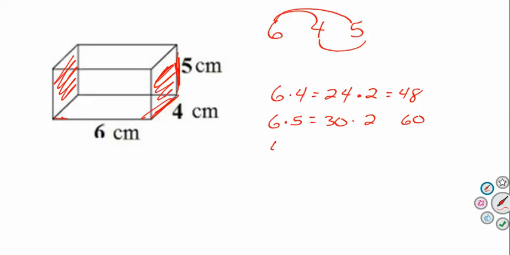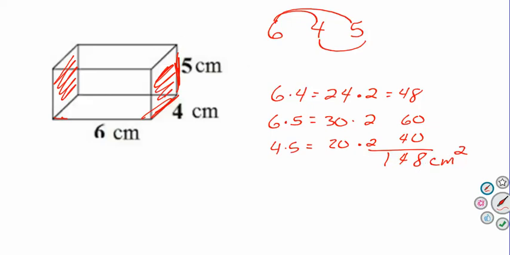So 4 times 5 equals 20 times 2, because I have 2 sides, that's 40. Then add them all together: 148 centimeters squared, because it's area, okay?